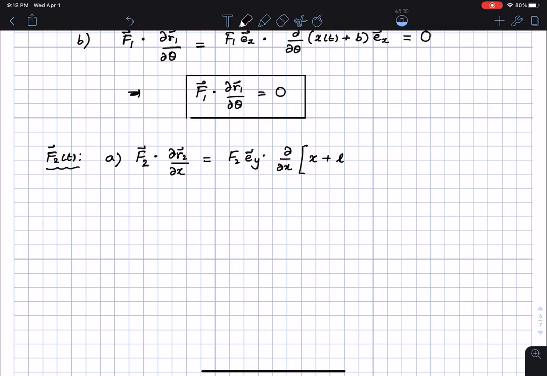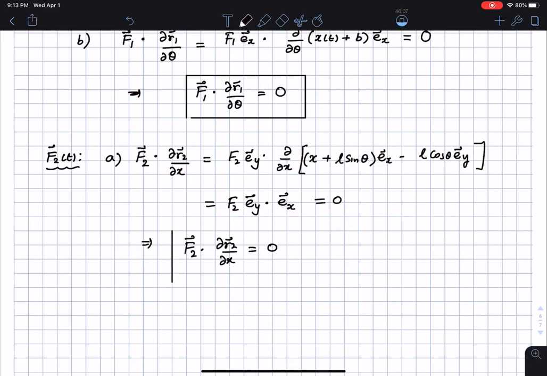So this is actually going to be L sin theta ex minus L cos theta ey. And obviously this gives you F2 ey dotted with, you will see that the term containing x is the one that's going to come out, multiplied by ex, dot product with ex, which is equal to 0. So this is obvious: F2 dotted with dr2 by dx is equal to 0. Once again, no surprises here.